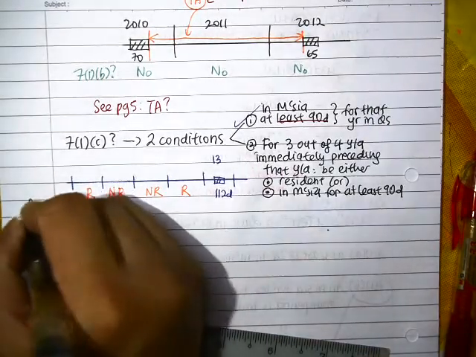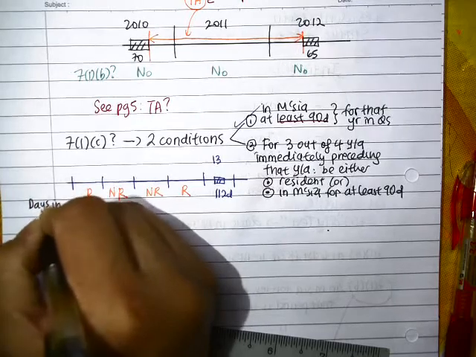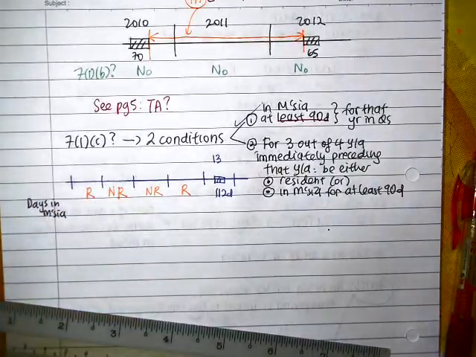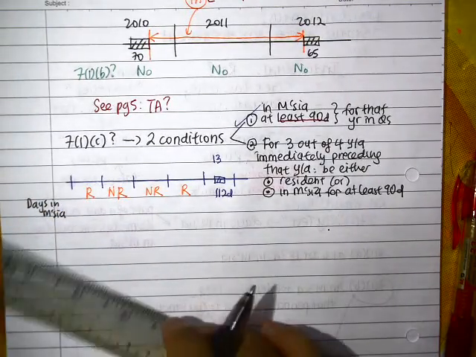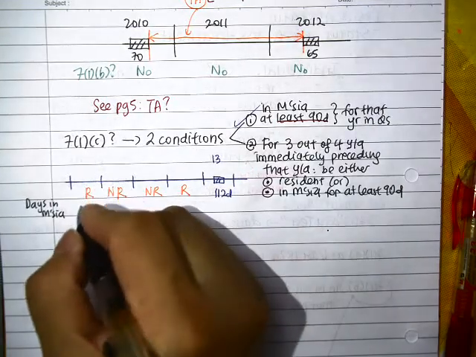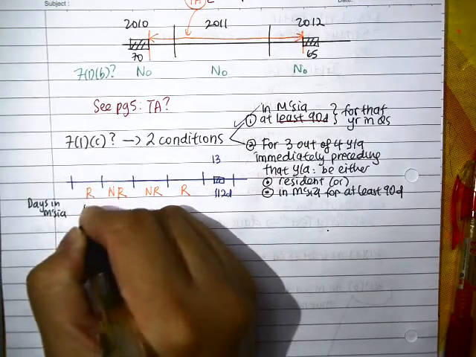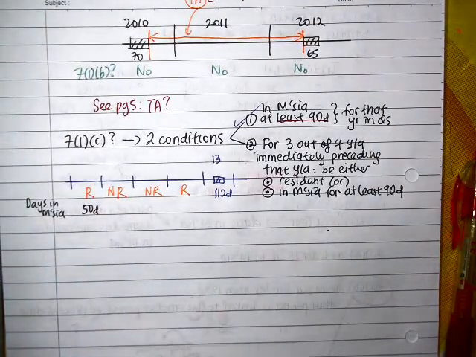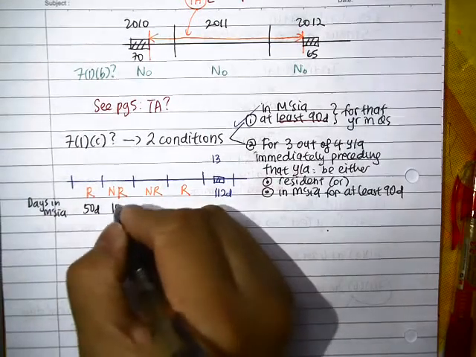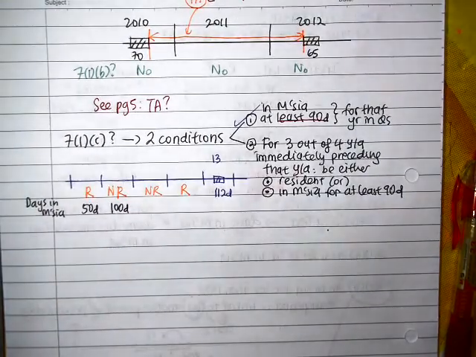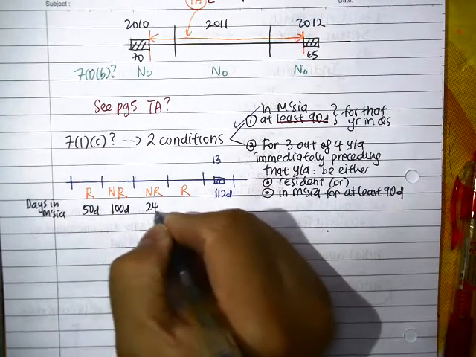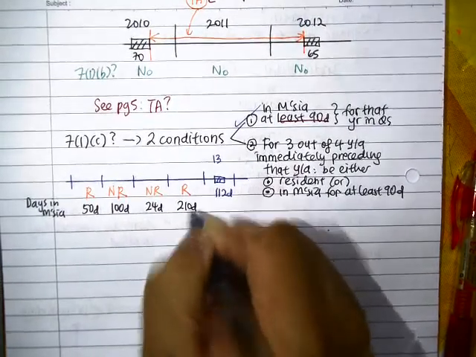Now, let's say I'm telling you the days that you're in the country. Okay, so this one I'm saying here you have 50 days. This one we have 100 days, 24 days, 210 days.